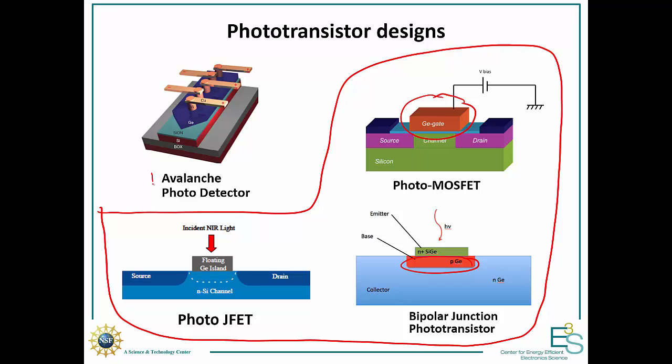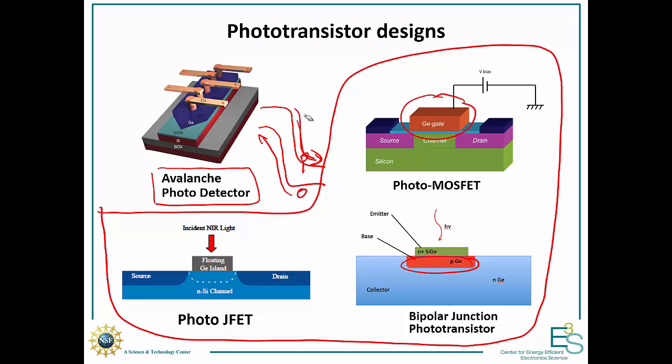The avalanche photodetector is slightly different. In this case, it's a reversed PIN junction with a high enough voltage that photo-generated carriers, when they go to their respective terminals, get enough energy to create new electron-hole pairs, and so in that way they are amplified.